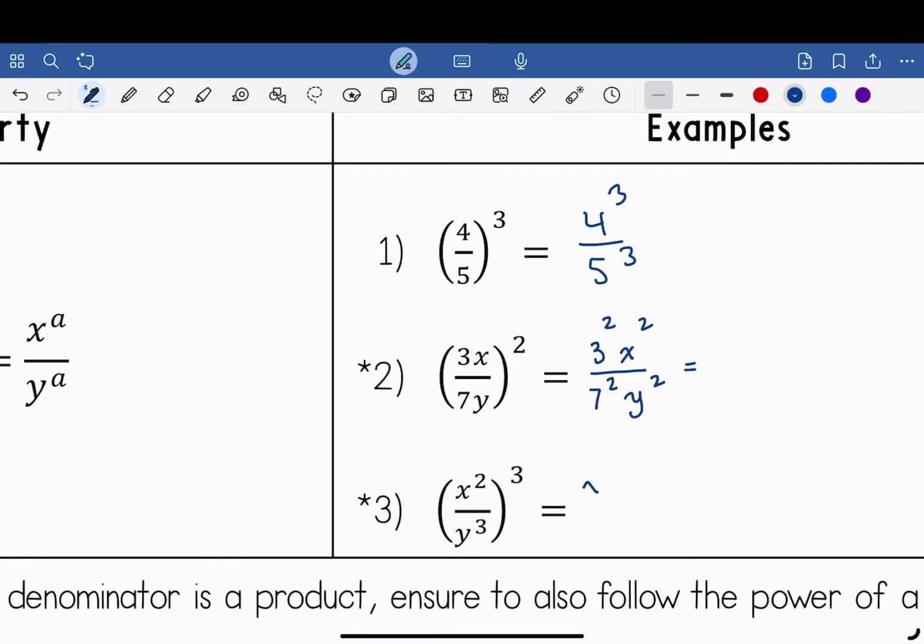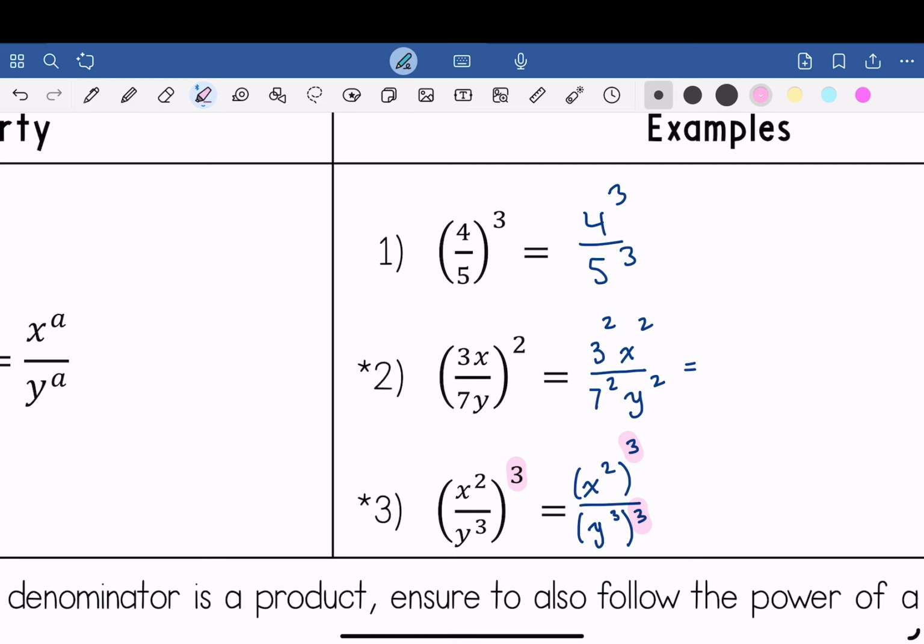So it is x to the power of 2, to the power of 3, divided by y to the power of 3, that's your base, to the power of 3. So notice that the exponent of 3 here is distributed to the numerator and to the denominator.